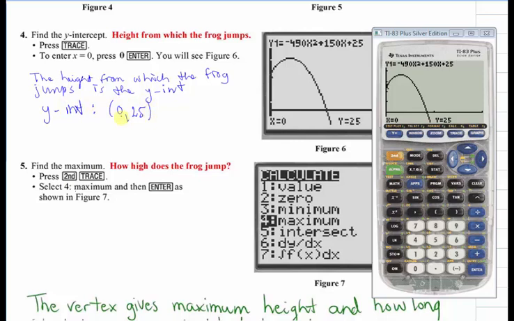Okay, now remember the x-coordinate is t, the y-coordinate is h. We're looking for a maximum height, and so the maximum height that the frog jumps is 25. Sorry, we're not looking for maximum height. We're looking at the height from which the frog jumps. So the height from which the frog jumps is 25 centimeters.